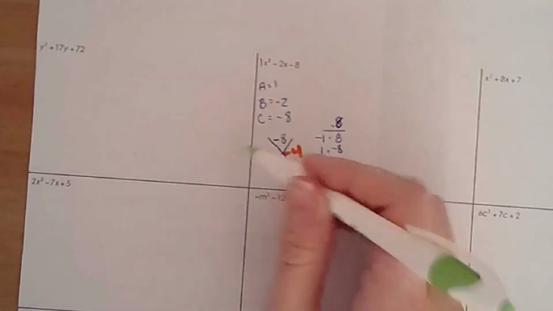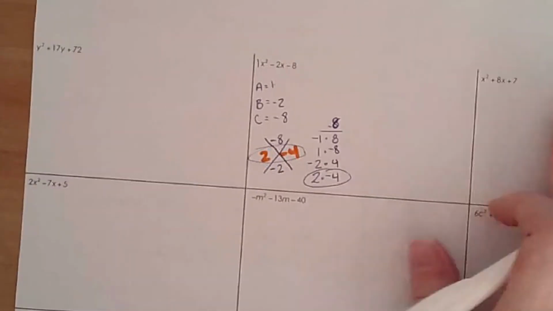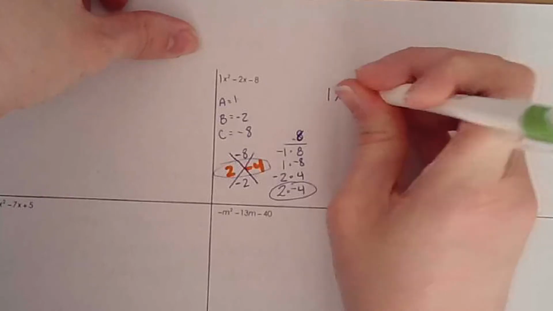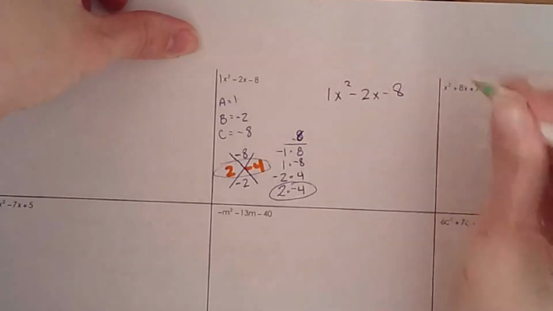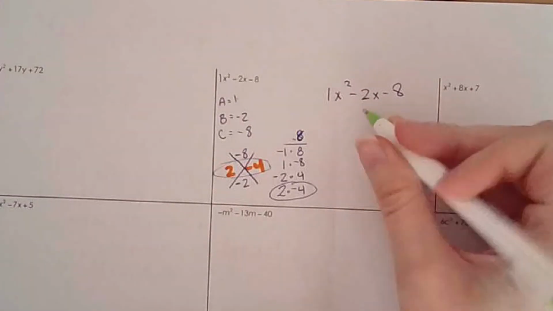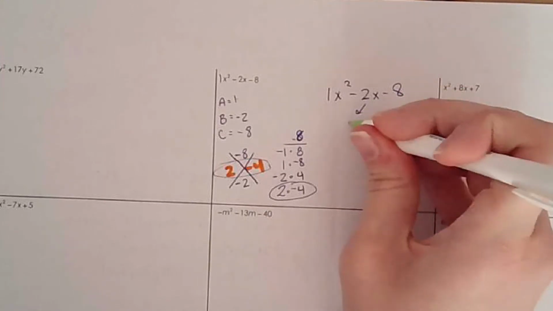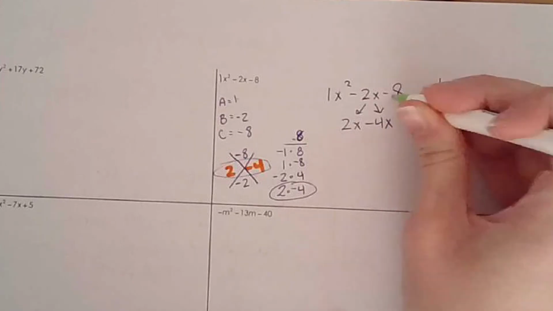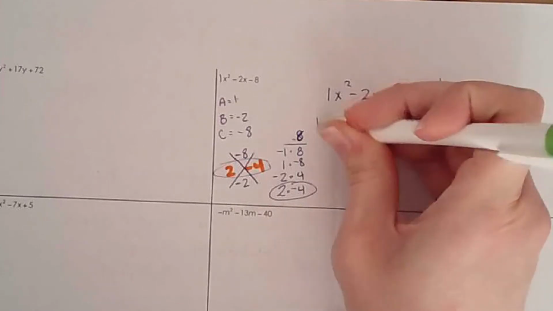So now that I've figured out this pair, when I factor by grouping, I'm splitting my middle term. I'm splitting this negative 2x into 2x and negative 4x. Everything else is staying the same.